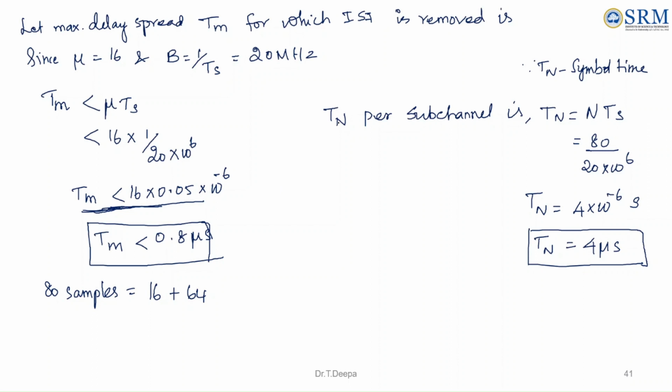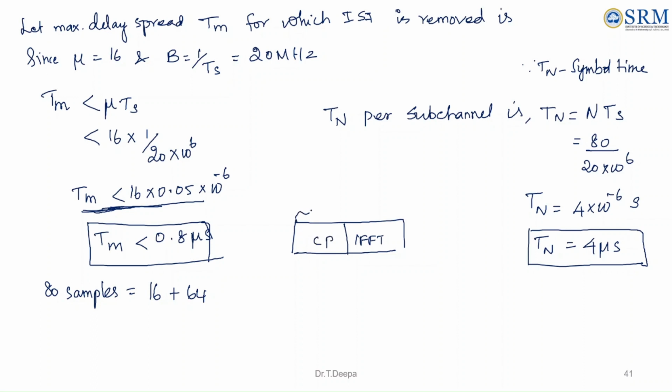So the symbol time per subchannel is calculated, that is 4 microseconds. Then what is the IFFT symbol time? You know the structure: the OFDM symbol consists of the IFFT data and the cyclic prefix.